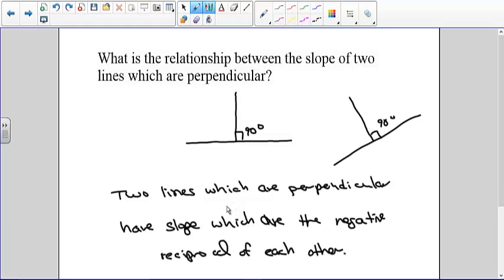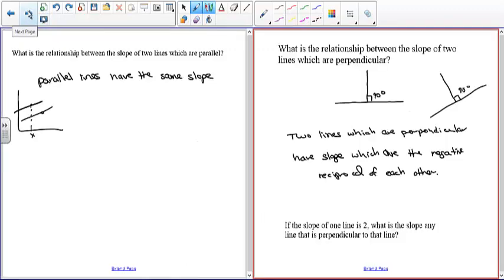So if the slope's positive, the perpendicular line will be negative, but they're not the same. There's this negative reciprocal.